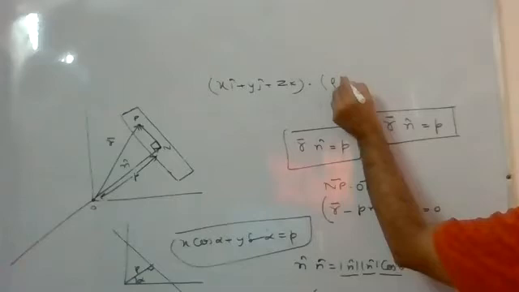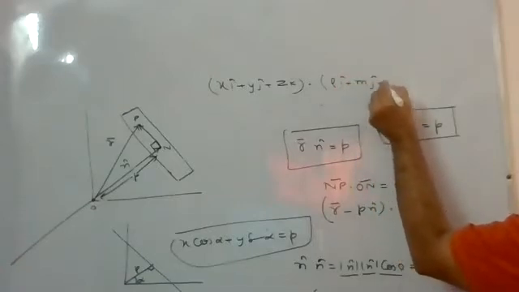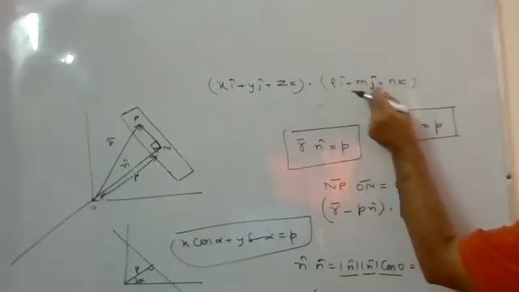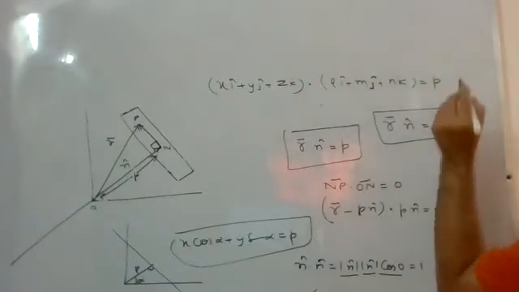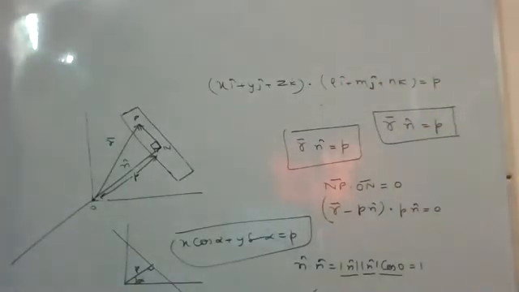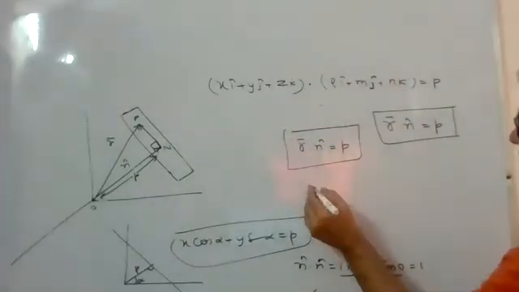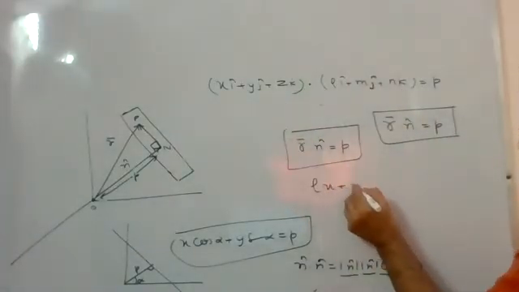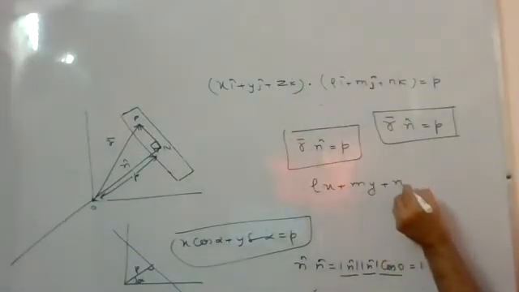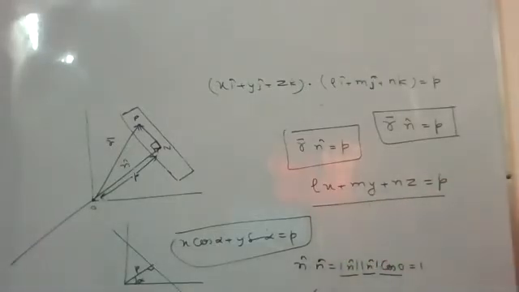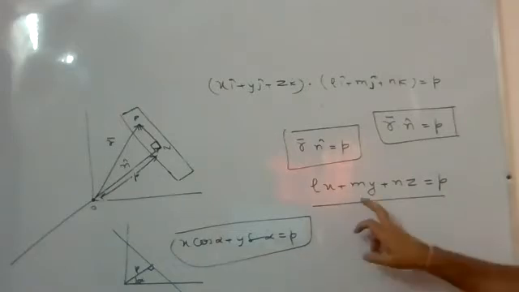Yes, li plus mj plus nk. Whenever the direction is given by a unit vector, the components will be l, m, n. That is equal to p. And now when you solve it, what will it come to? lx plus my plus nz comes out to be p. This is your Cartesian form.